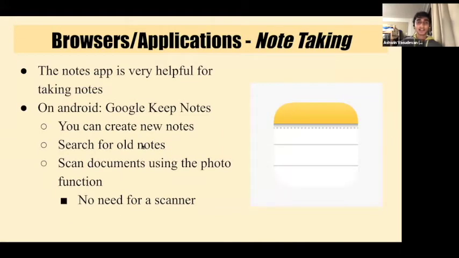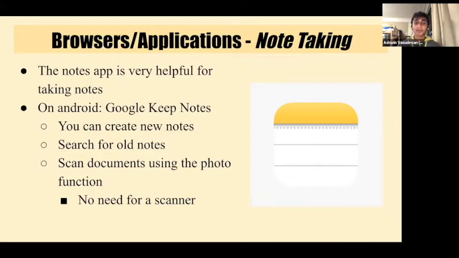Okay. The next thing is note taking, so browsers and applications for note taking. The Notes app is very helpful for taking notes. On Android, this app is called Google Keep Notes, and on iPhone, it's the Notes app that's already pre-installed on your phone.